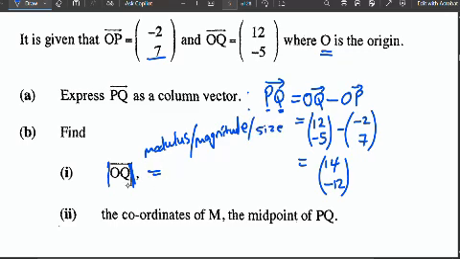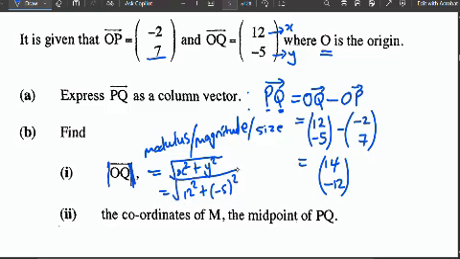So modulus is equal to, we use this formula, the square root of x squared plus y squared. So for our OQ, this will be the x, the first one, and this will be the y. So it's the square root of 12 squared plus minus 5 squared. 12 squared, that's 144, and 5 squared, that's 25.